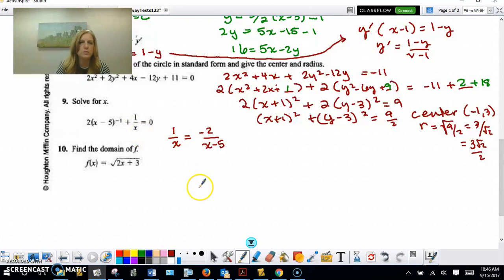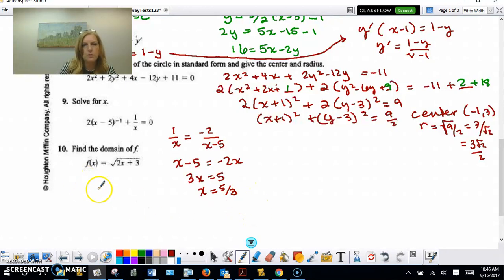Remember, a -1 just puts it in the denominator. And then when I get to there, I can cross multiply. x minus 5 equals -2x. Collect like terms. 3x equals 5. x equals 5/3. I would probably check and make sure this is not a restriction. The restrictions are 0 and 5, which is not one of them, so that would be your solution.